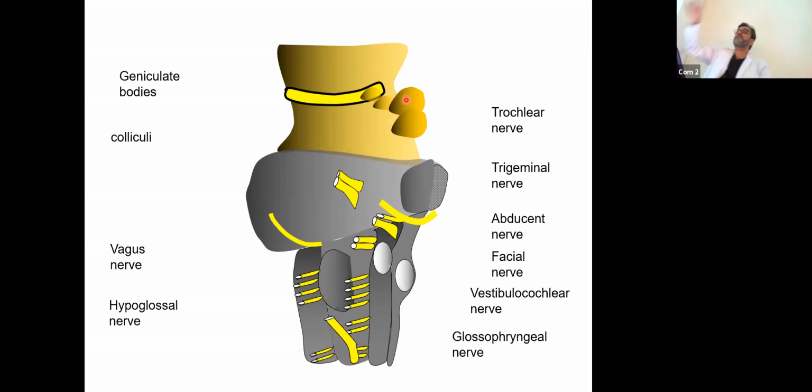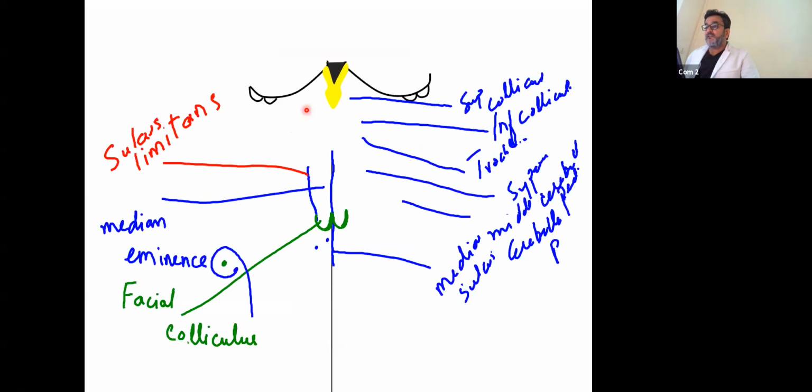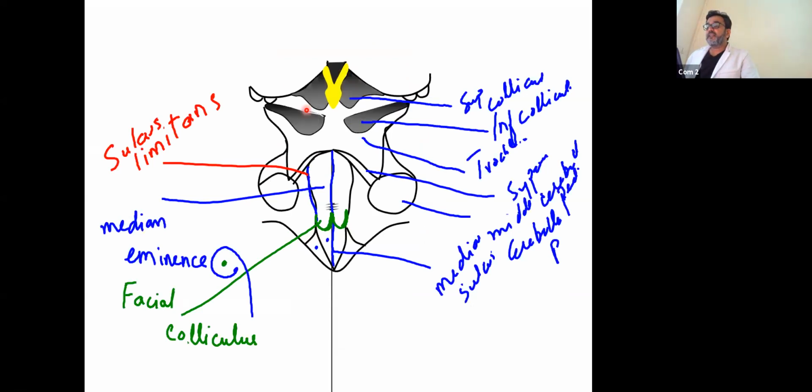The superior colliculus is responsible for the visual reflexes. The inferior colliculus is responsible for auditory reflexes. Plus, from the back, you can see a nerve coming out, and this nerve is the trochlear nerve, or the fourth cranial nerve. Now we are looking at the brainstem from the back.